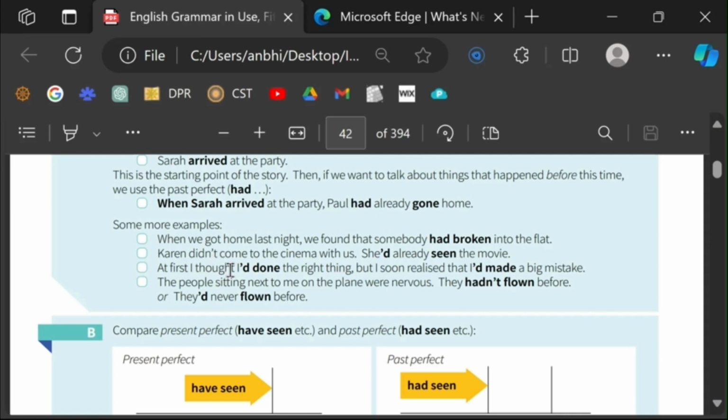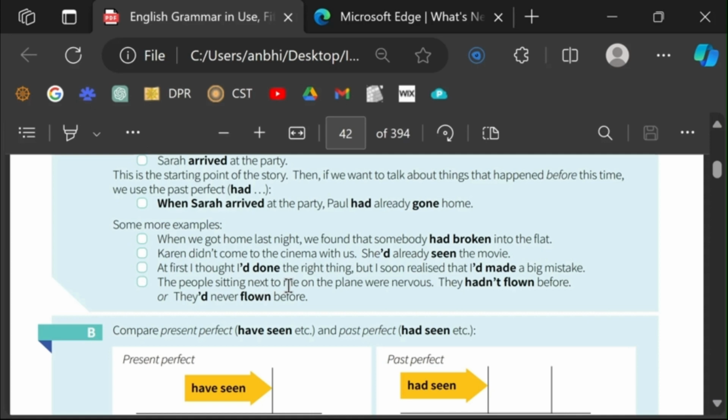So the act of thinking happens in the past, but I had done, something that happened before that. Before I thought. Yeah. So at first, I thought I had done the right thing, but I soon realized I had made a big mistake. Do you understand?